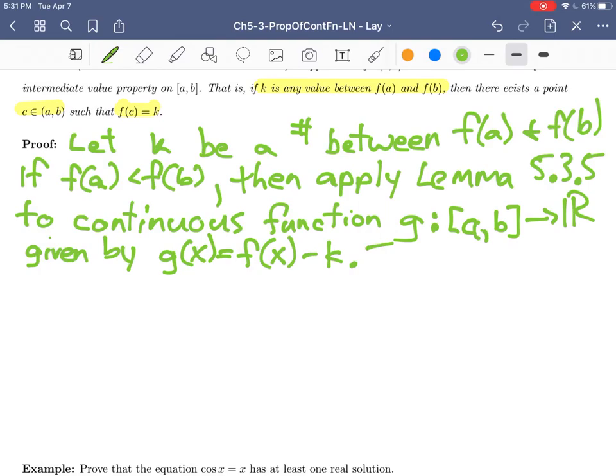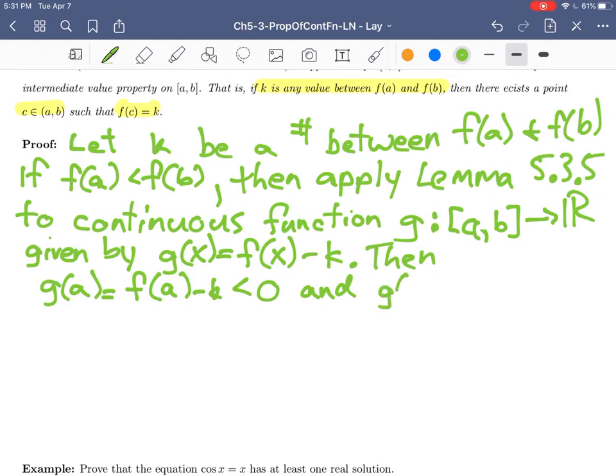Then g of a is equal to f of a minus k, which is less than 0, and g of b is equal to f of b minus k, which is more than 0.